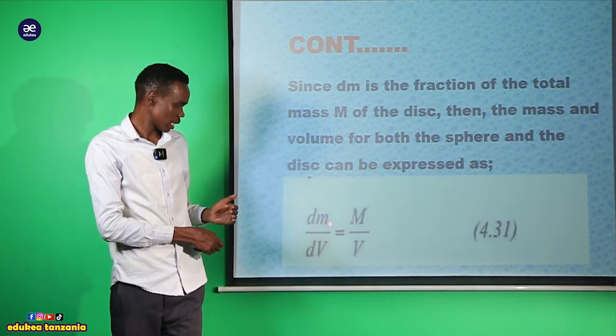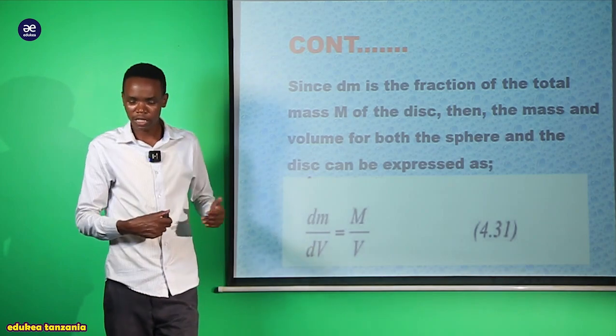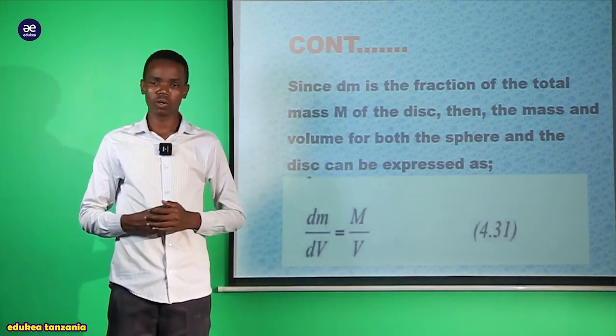As we observe here, dV represents the volume of the elemental disk.